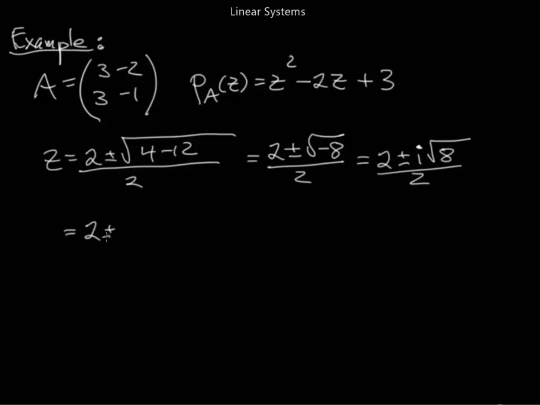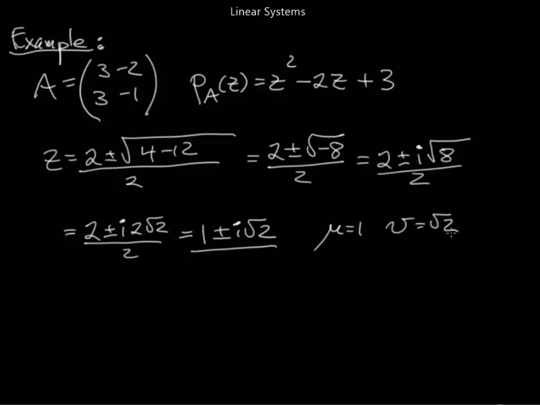And the square root of 8 is the square root of 4 times 2. So you can factor out a 2 and get 2 plus or minus i radical 2 over 2, and that gives you 1 plus or minus i radical 2. So those are the two complex solutions, lambda 1 and lambda 2. Mu is equal to 1 and nu is equal to radical 2.